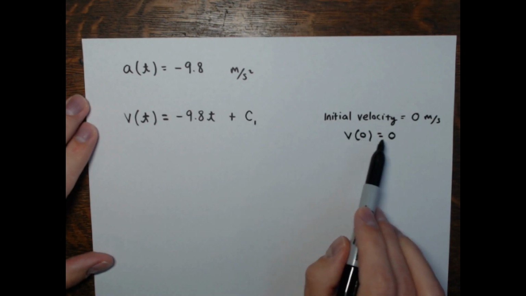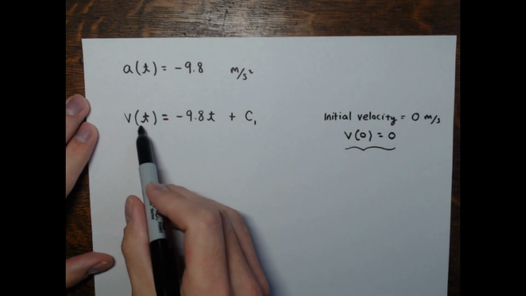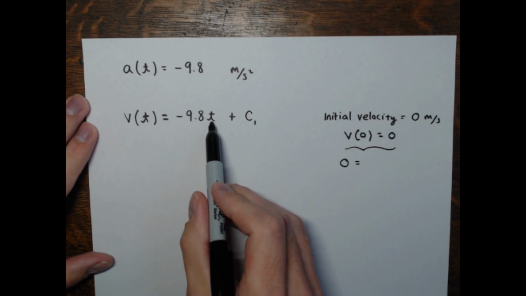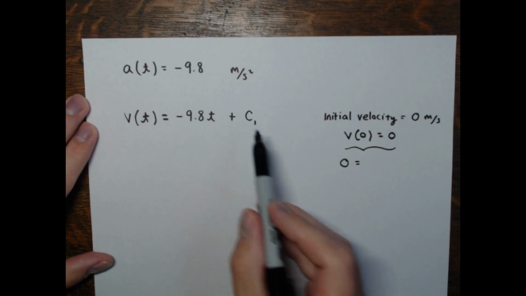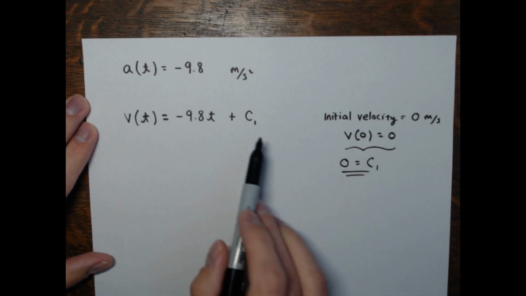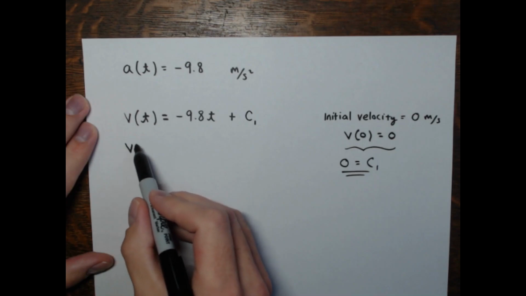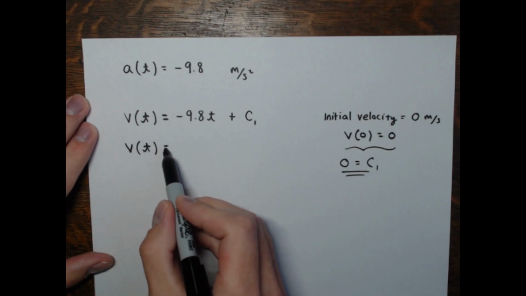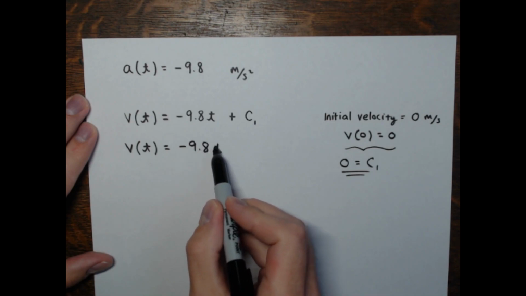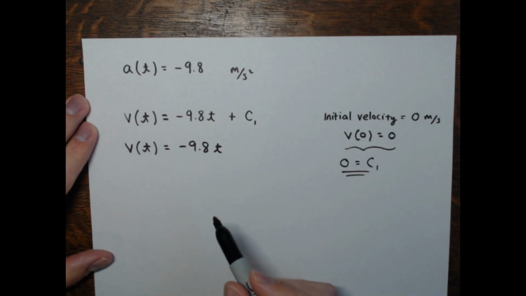So when t is 0, v is 0. So this is 0 on the left equals negative 9.8 times 0 plus c1, so just c1 on the right. So that's nice. This constant c1 is nothing. So we have v of t then is negative 9.8 times t plus 0.